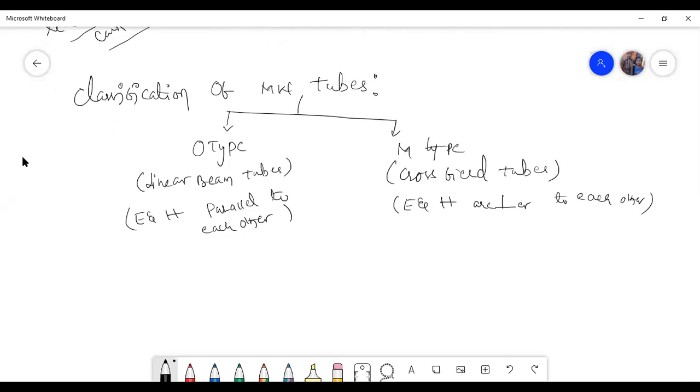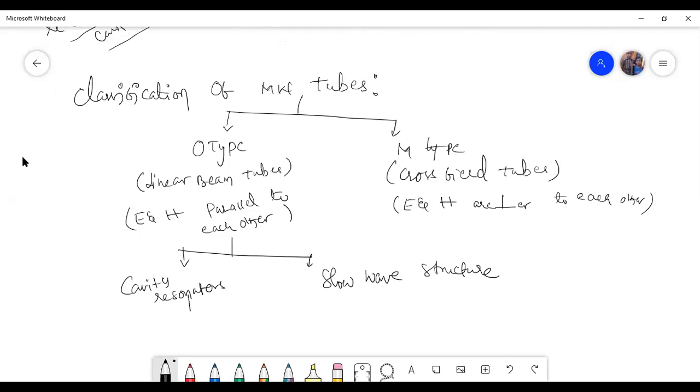Next, these O-type tubes are again classified into cavity resonators and slow beam structure, or slow wave structure. Cavity resonators and slow wave structures.